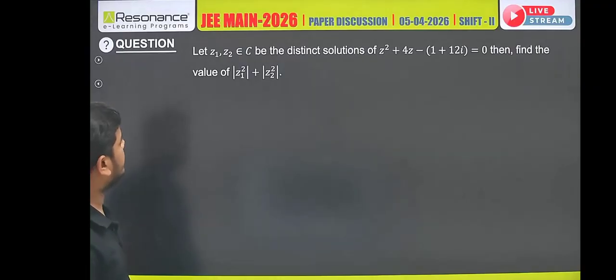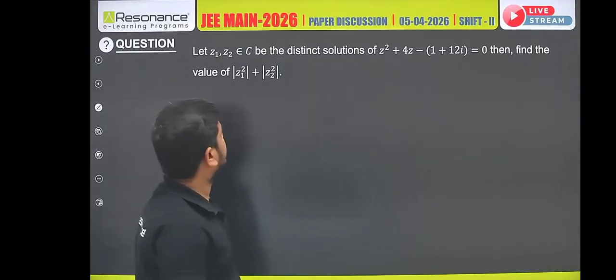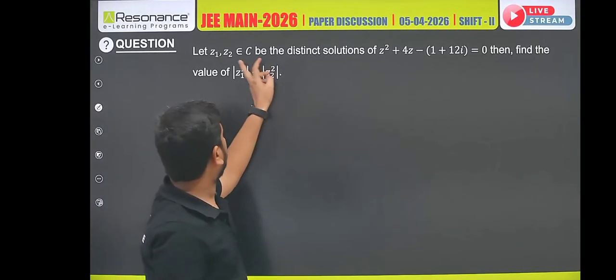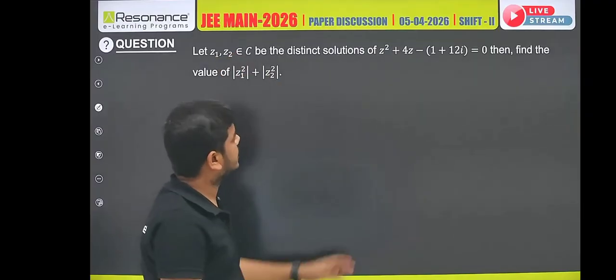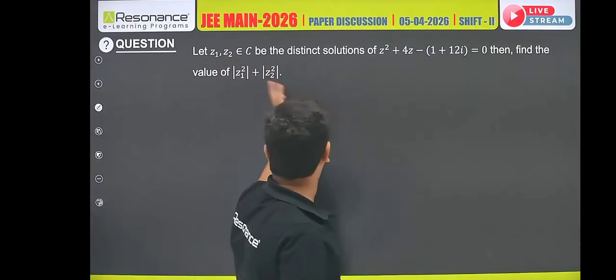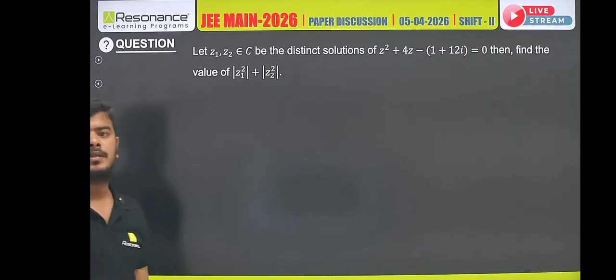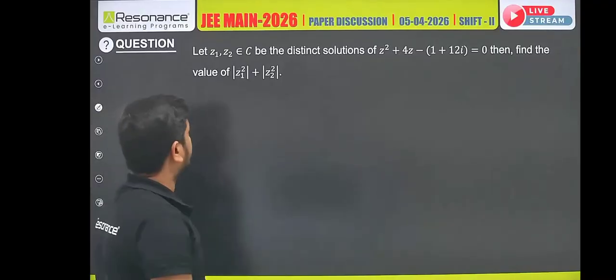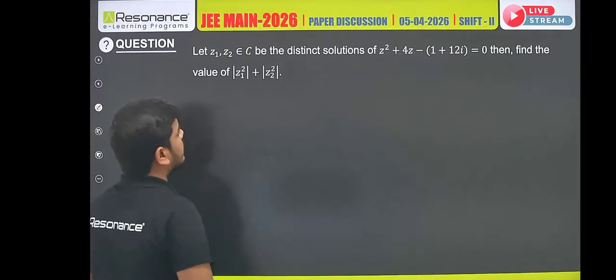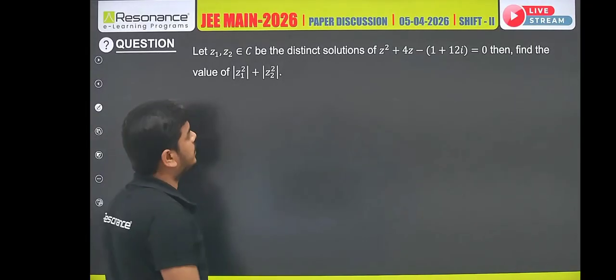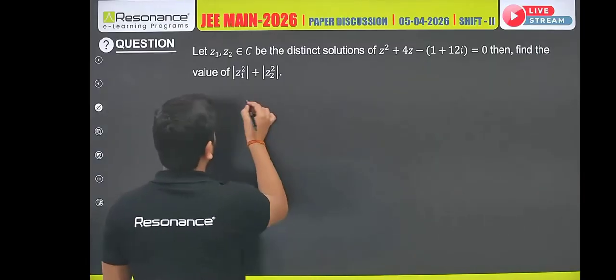Next question is from complex numbers, and we need to find z1 and z2, the distinct solutions of this equation. Then find mod z1 square plus mod z2 square. So first of all, find z1 and z2 from here.